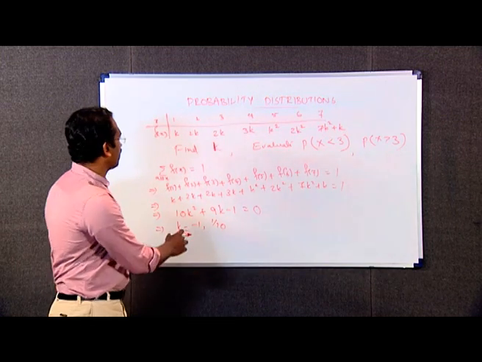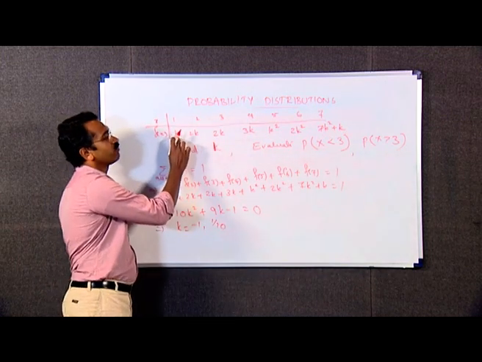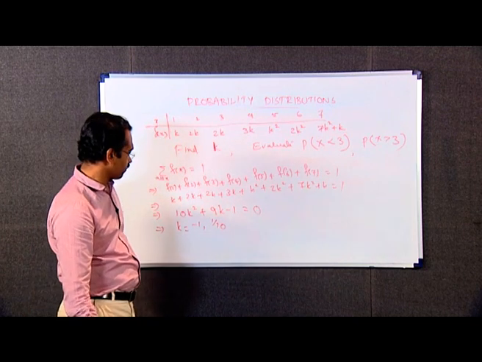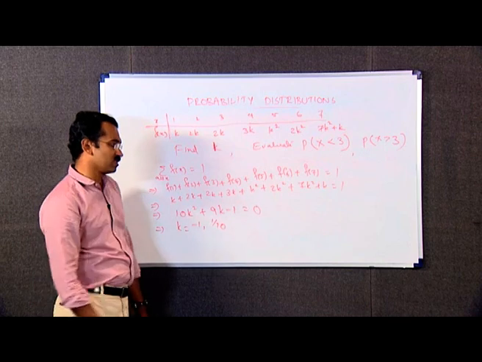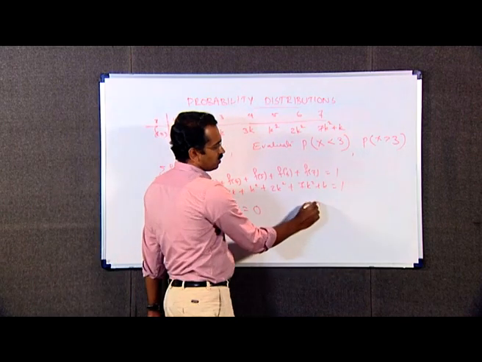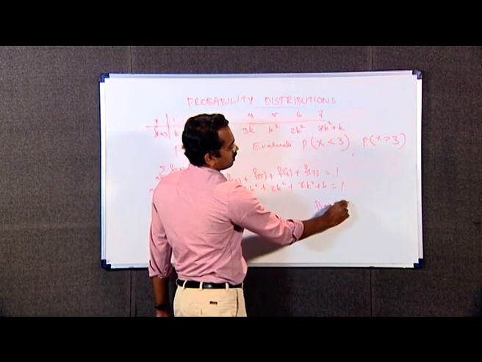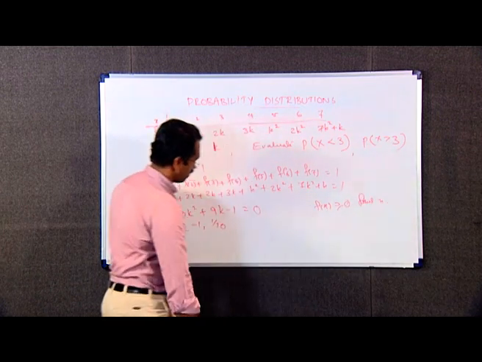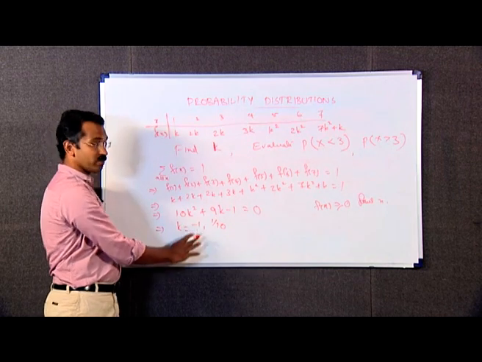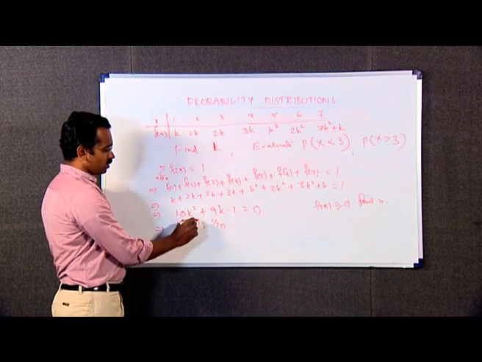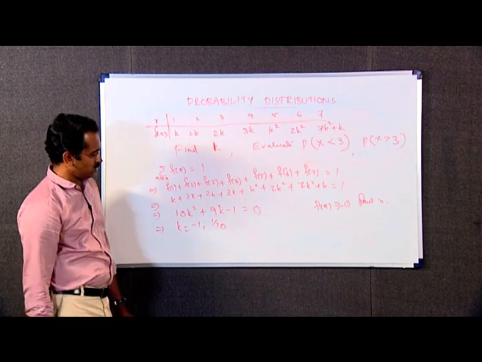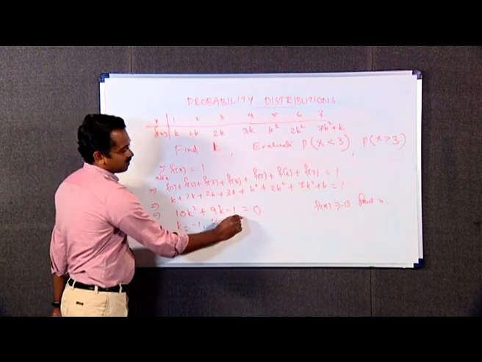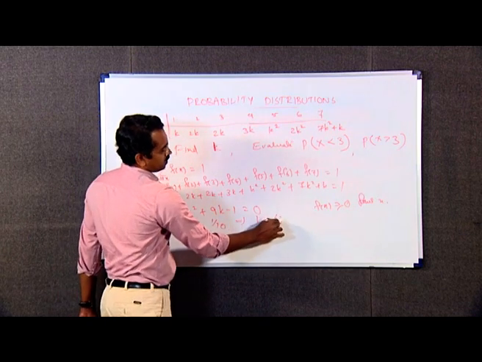Here k is in the given probability values of f of x, and probabilities cannot be negative. From the first condition, f of x greater than or equal to 0 for all values of x, so k cannot be negative. Therefore, k equal to minus 1 is not taken. We take the value of k as 1 by 10.